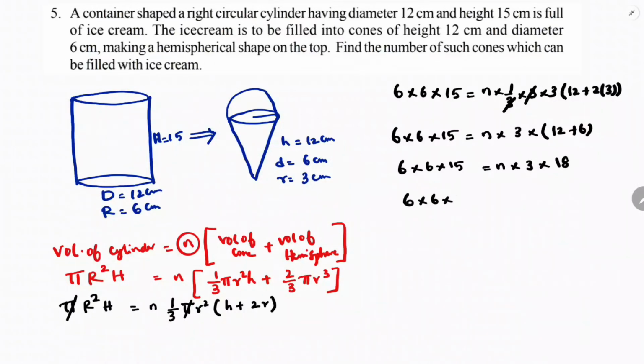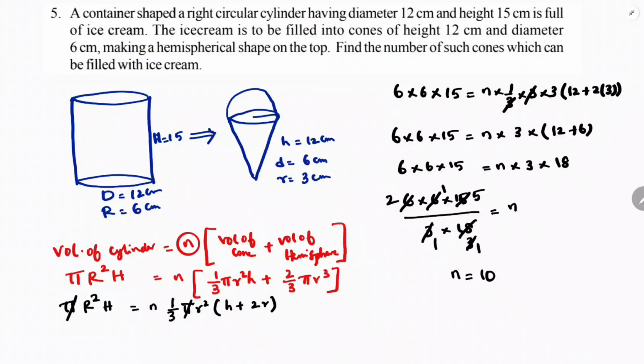So 6 into 6 into 15 by 3 times 18 is n. 3 times 1, 3 times 2, 6 times 1, 6 times 3, 3 times 1, 3 times 5. So 2 into 5, n is 10 cone ice creams.